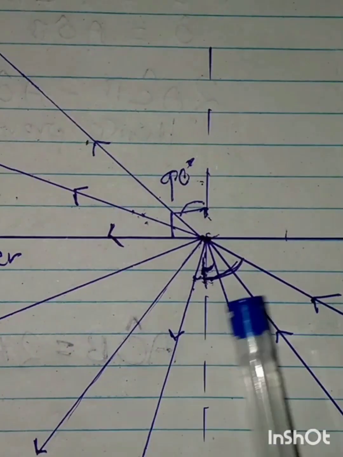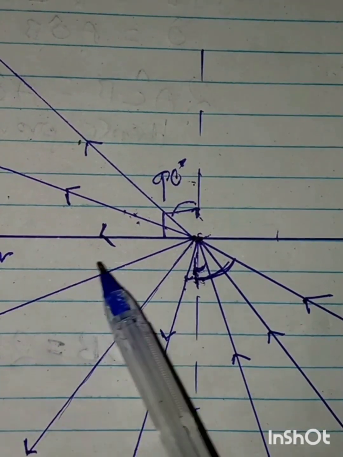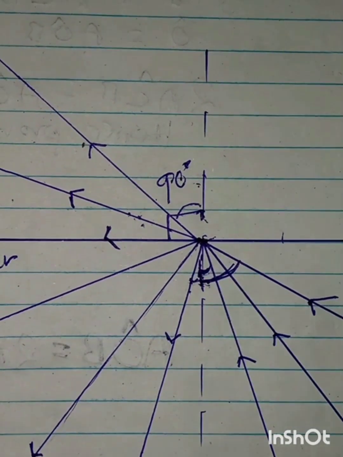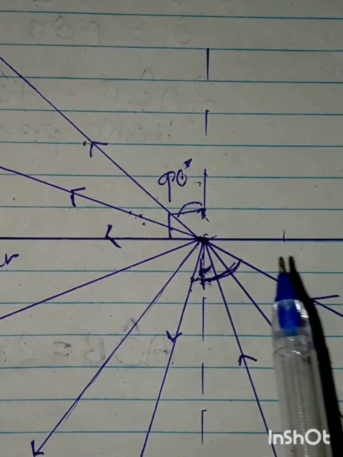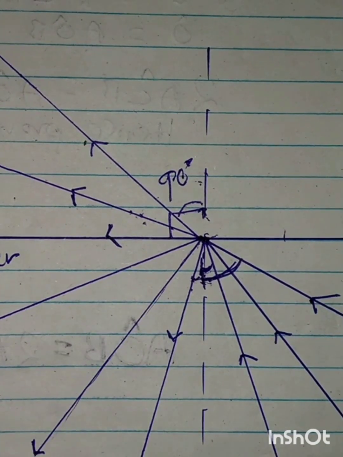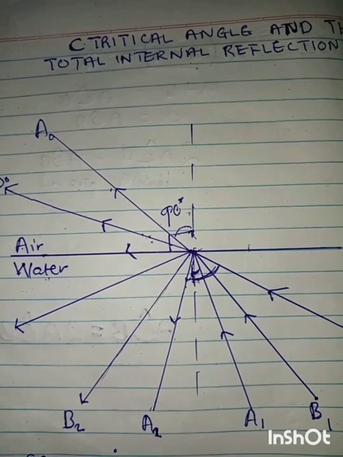Now, after all the light is reflected internally, we can say the total internal reflection has just occurred, and at this stage there is no refraction at all. Now we can define the total internal reflection as the reflection that occurs when the angle of incidence exceeds the critical angle. I think you are now conversant with the topic.